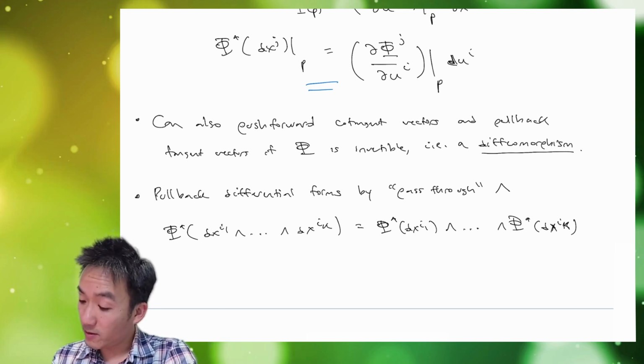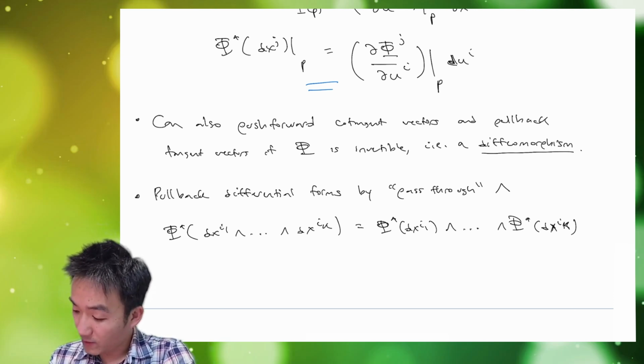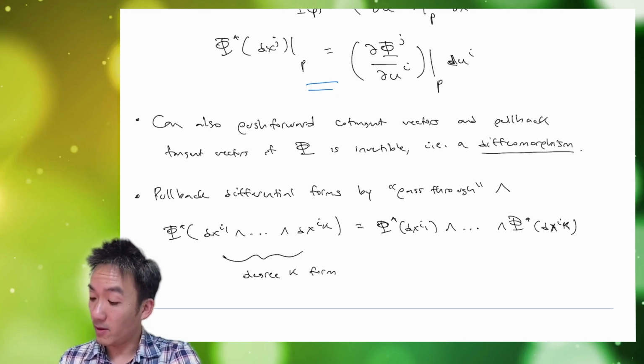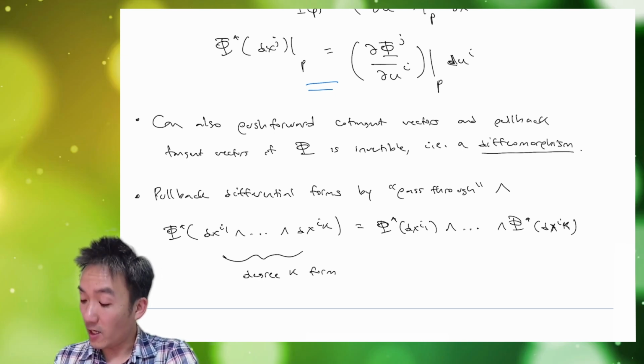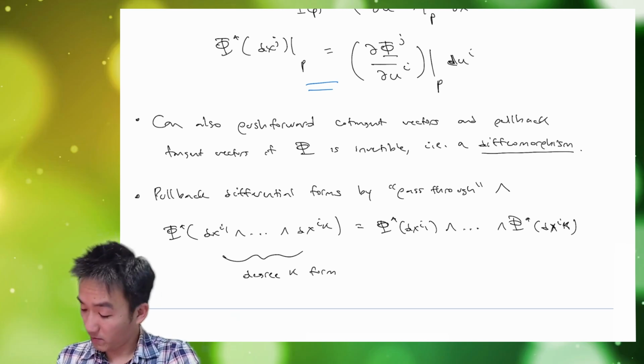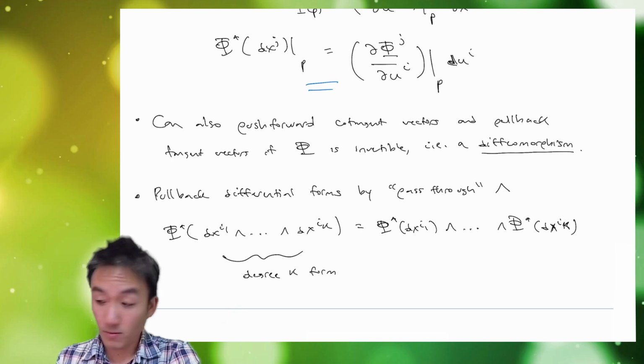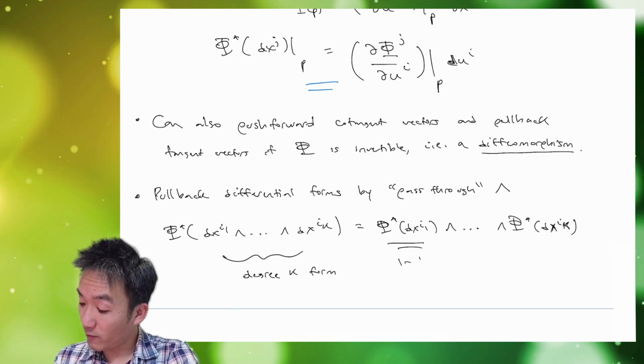So this is a differential form that's of degree k, right? So it has k terms and k-1 wedge products. Each of these dxi's is a 1 form, and I pull back each of those. Each of these is also a 1 form.